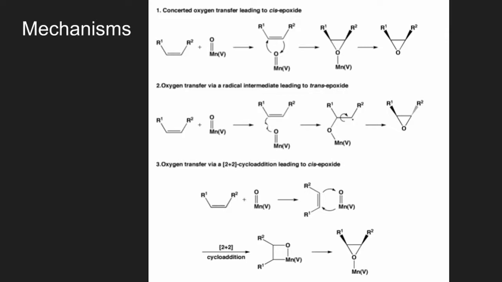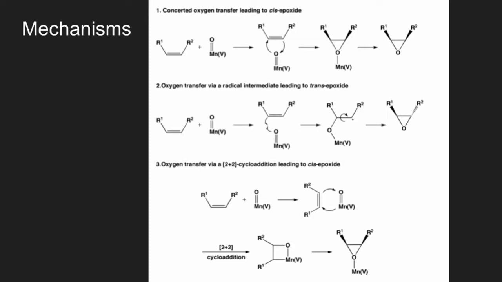There are 3 major pathways that are accepted for the mechanism that takes place in this reaction. The concerted pathway, in which a concerted oxygen transfer occurs between the catalyst and the alkene, leading to the formation of a cis epoxide. The free radical pathway, in which the oxygen is transferred via a radical intermediate and can produce both cis and trans epoxides, depending on the substrate and additives.